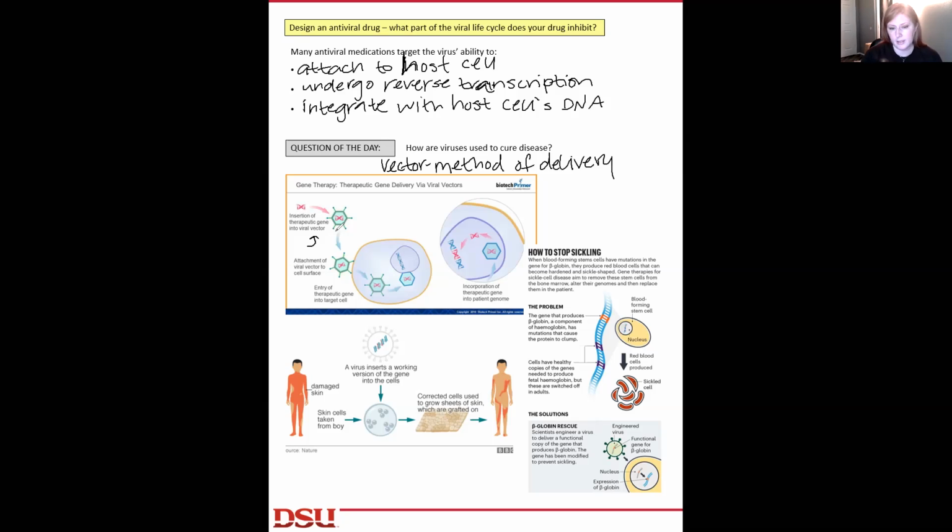And then the virus is then, in this case, it's done in vitro, introduced into the boy's skin cells that they took, and then the skin is used as a grafting procedure. Let's see what example this one does.